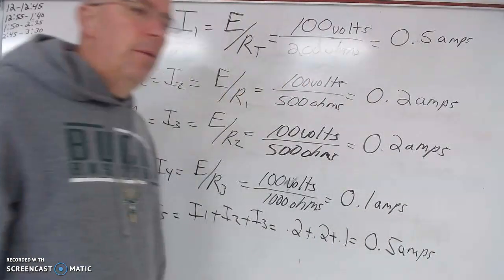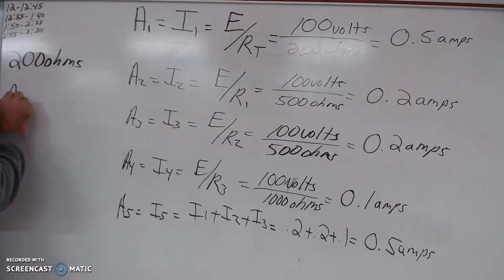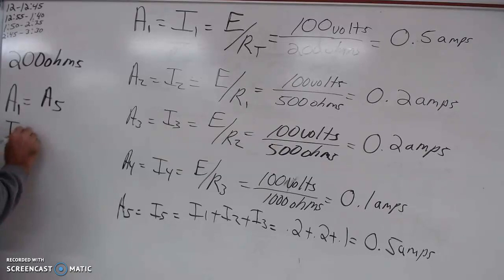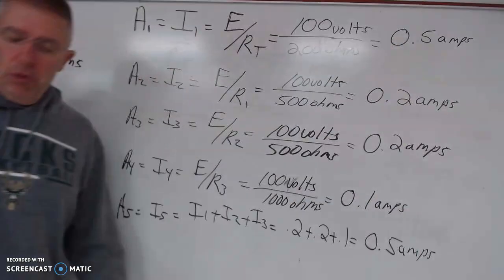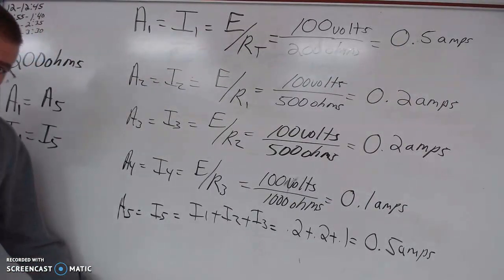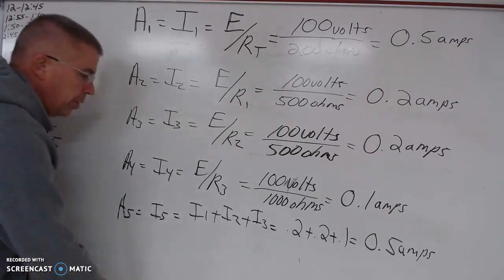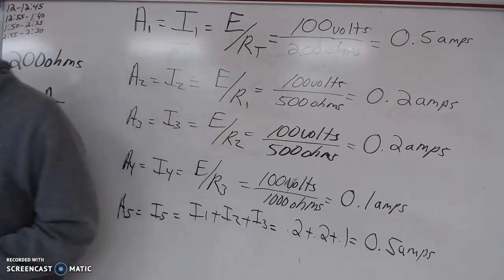And then we said all along at the beginning, A1 should equal A5, or I1 should equal I5. 0.5, 0.5, and they do, and you know you did everything right. So now what you need to do is just go back and reapply that to B, C, and D. And I hope that helps you.